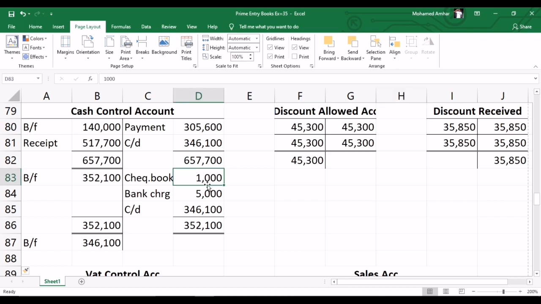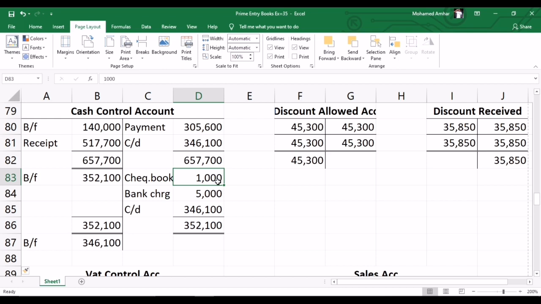But you can see that once we get the total and we have received the brought forward balance, checkbook 1,000 is credited later, because the checkbook taken and bank charge details would have been received after closing the cash book, we would have received the bank statement.